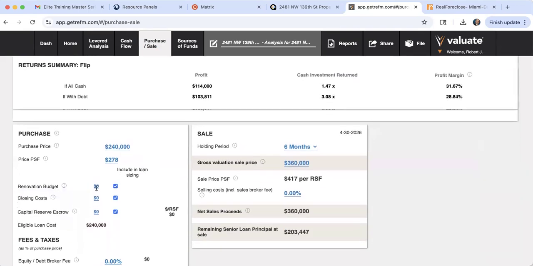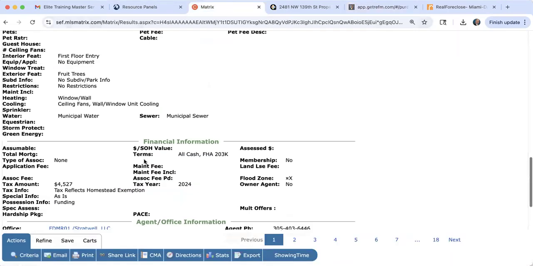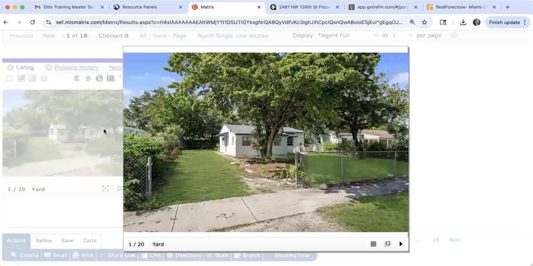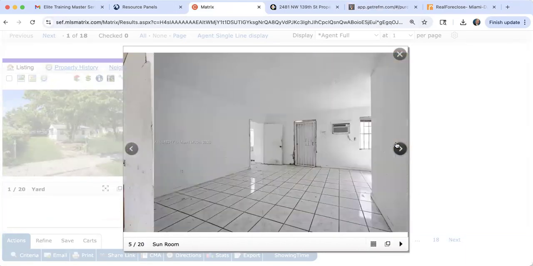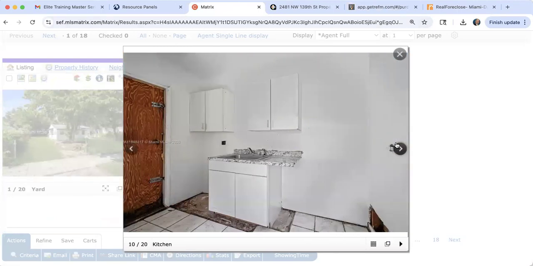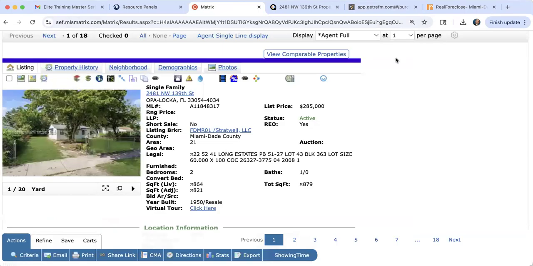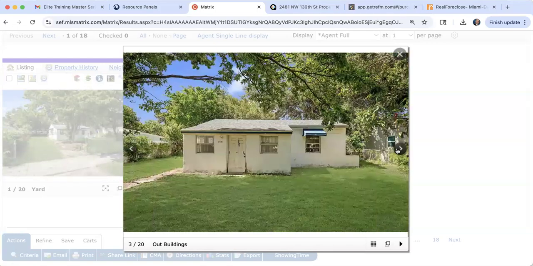And then for renovation budget, on the left, find renovation budget. Let's say this house is going to take about $70,000. Let's go with $70,000, maybe more, maybe 80,000. Let's go with $80,000 to fully renovate the home, brand new interior, brand new kitchen.